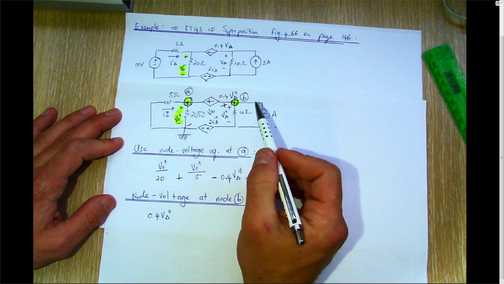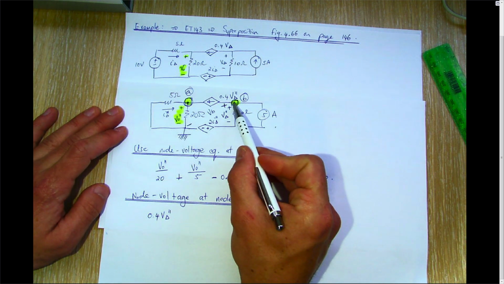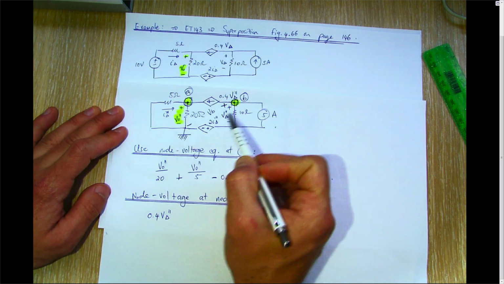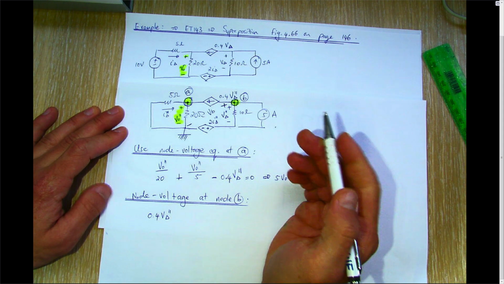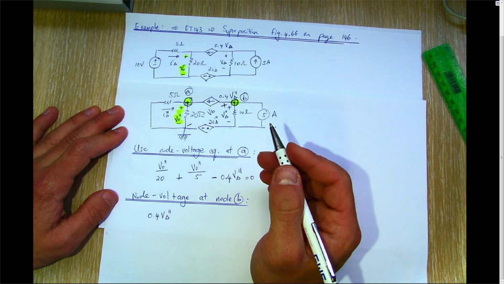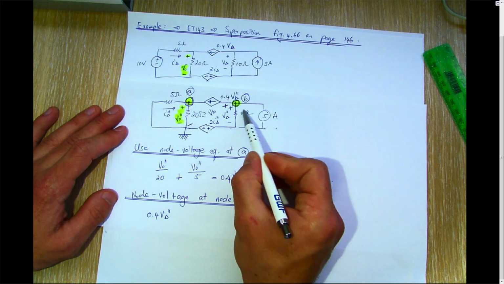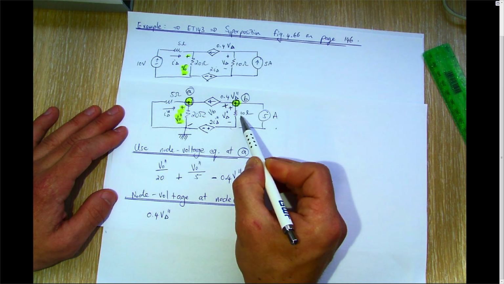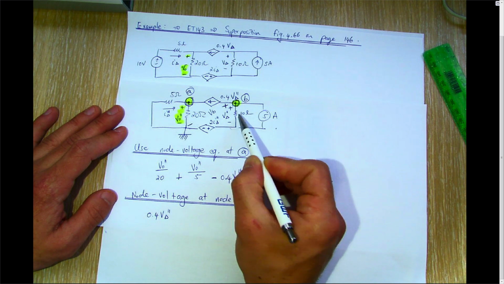All right. Now, what about the current flowing through here, denoted as a function of the node voltage, VB? Well, I know Ohm's law will come into play because I need Ohm's law to say what is the voltage drop over this resistor divided by the value of the resistor.